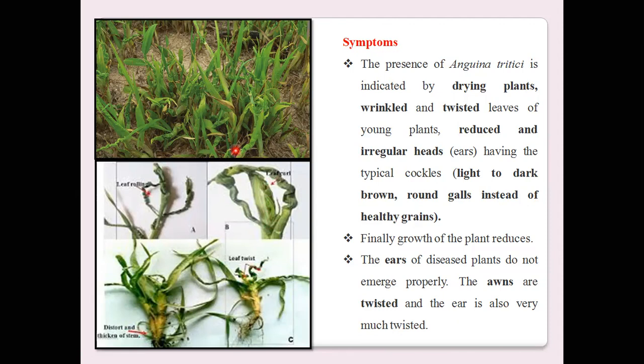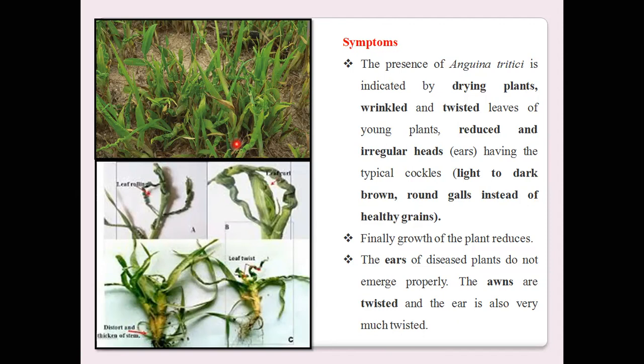These infected grains develop round galls, and these round galls are generally dark brown in color. Finally, growth of this plant is also reduced or stunted, and the airhead from these diseased plants does not emerge properly.